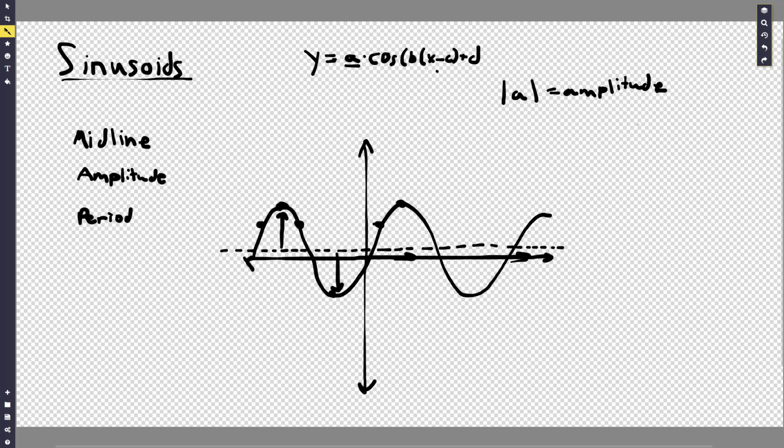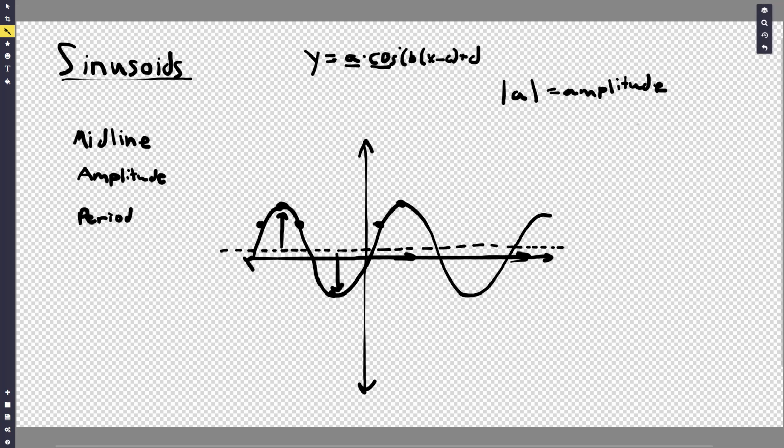But it is important to note whether it's positive or negative, because if it's negative, it means that the graph is flipped over the x-axis, like I've talked about in one of my previous videos about transformations of graphs. So the absolute value of a is the amplitude. And again, the amplitude is basically how much the maximum or minimum point deviates from the midline.